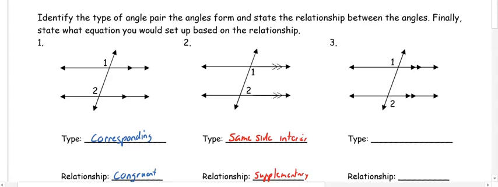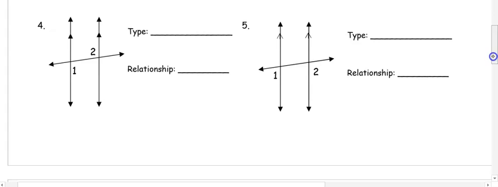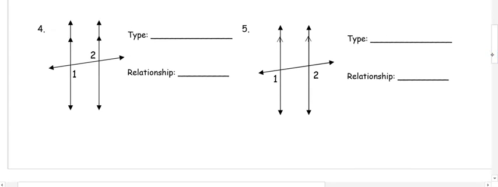In number three, we have two angles that are on opposite sides of the transversal, and they are outside of their lines. So these are going to be alternate exterior angles, which are going to be congruent. In number four, we have two angles that are on opposite sides of the transversal and between the lines.